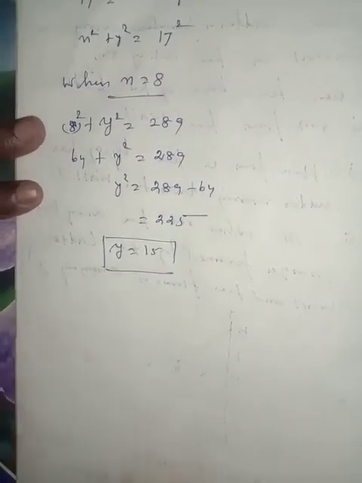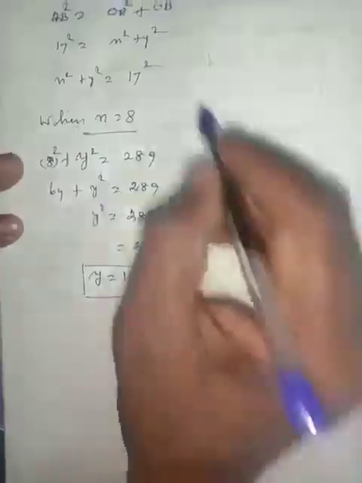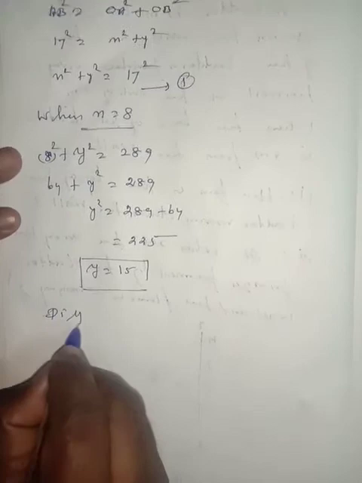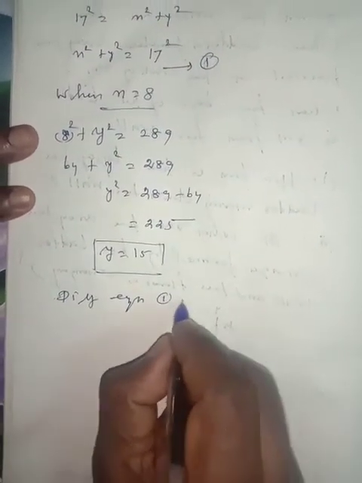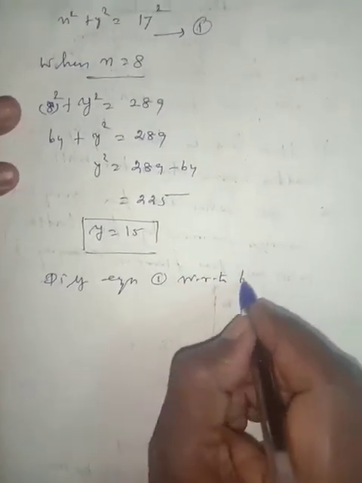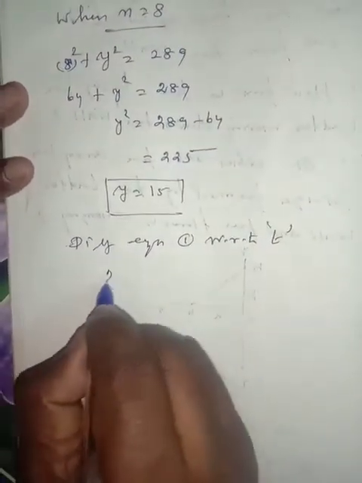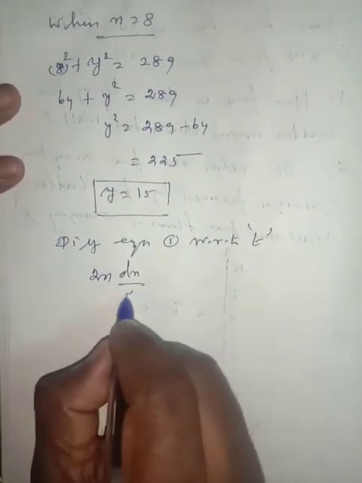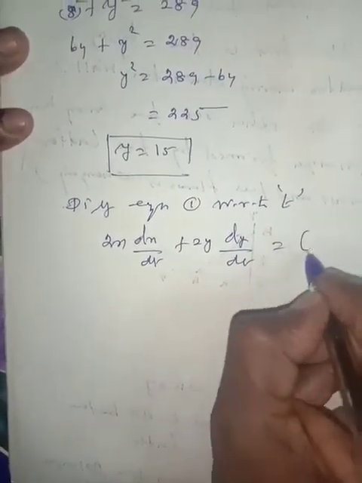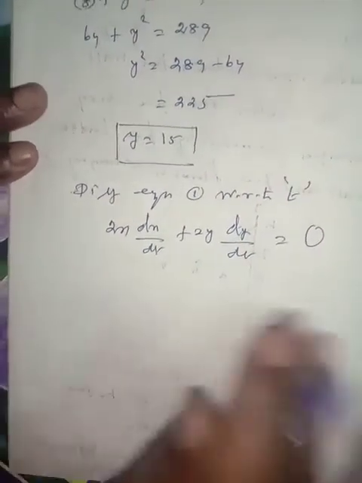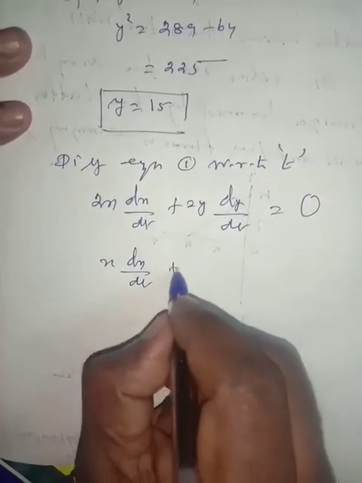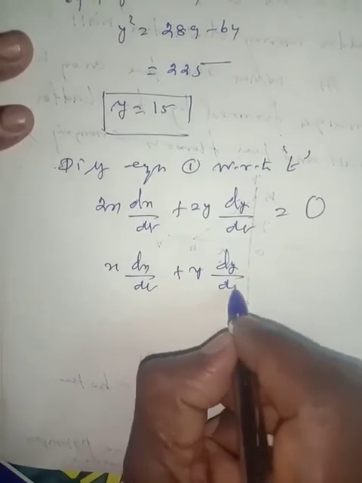Differentiate equation number 1 with respect to time t. Therefore 2x dx by dt plus 2y dy by dt is equal to 0, the differentiation of a constant. Divide through by 2 on both sides, we get x dx by dt plus y dy by dt is equal to 0.